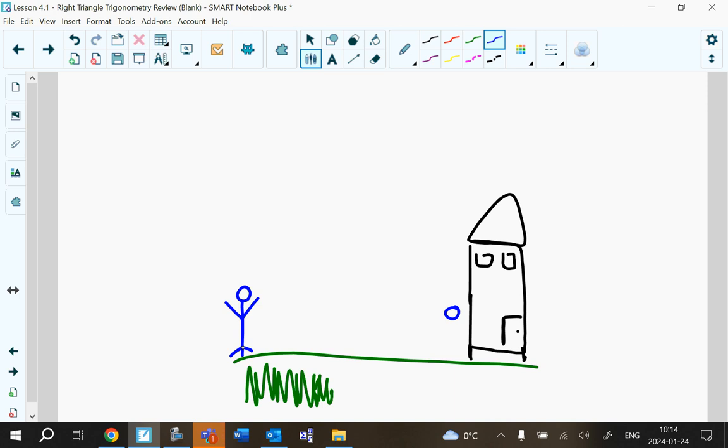Juliana, you can do the next one. All right, Juliana, this is you. You're going to draw a dashed line from the person's feet to the top of the building.